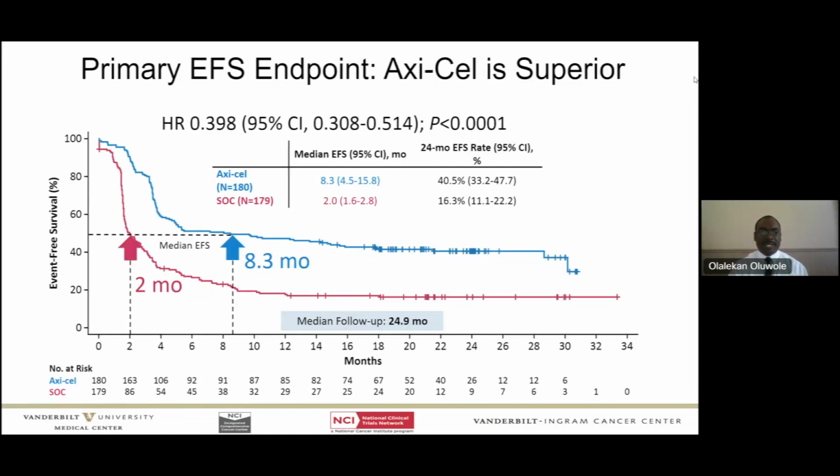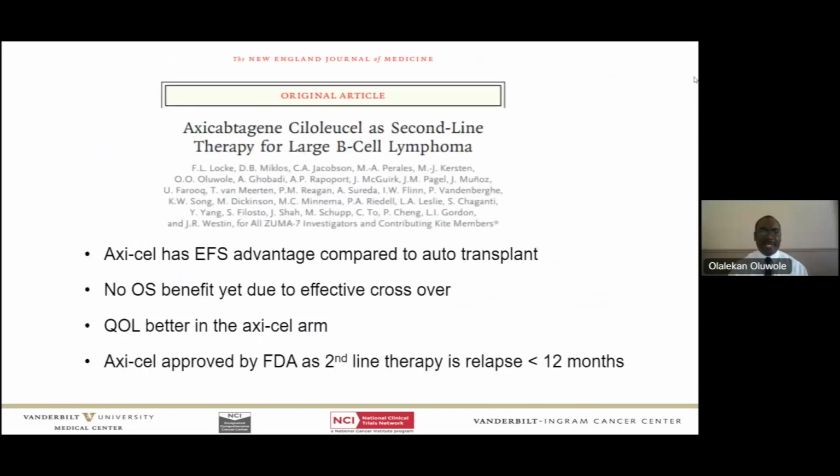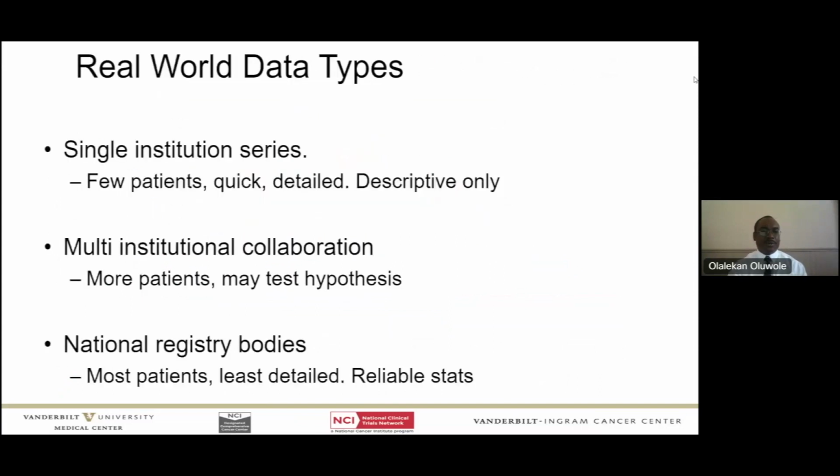So this is what led to the approval. Also led to other studies like the Lisocabtagene maraleucel is also approved for second line. So I think that should suffice for some information about registration trial.